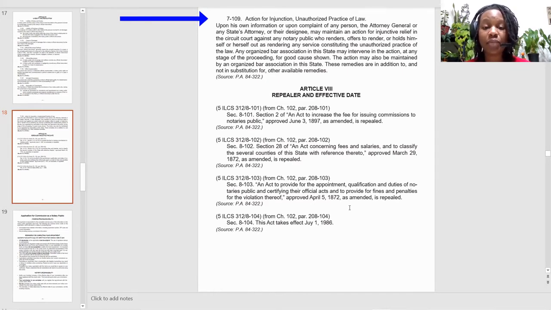This handbook really just reiterates over and over what not to do. Again, you cannot practice law of any kind.